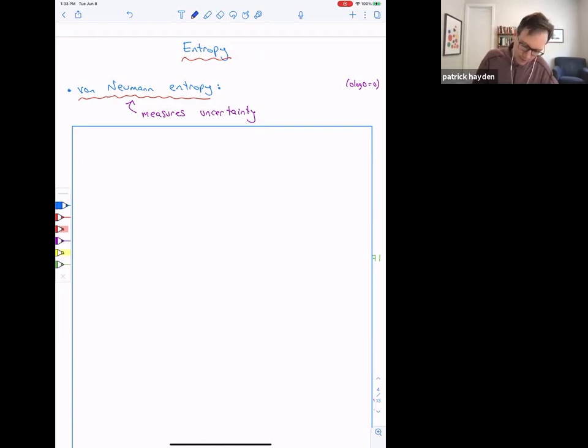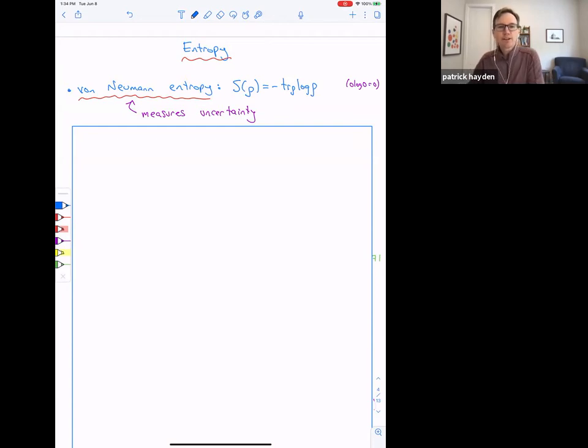It's a function of a density operator. Because remember, a density operator is a mixture over quantum states. And so there's some uncertainty associated with the density operator just because you don't know which pure state you have. And the formula is just minus the trace of rho log rho. And we just define 0 log 0 to be 0 here.